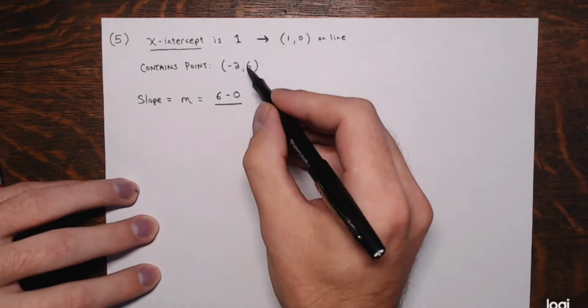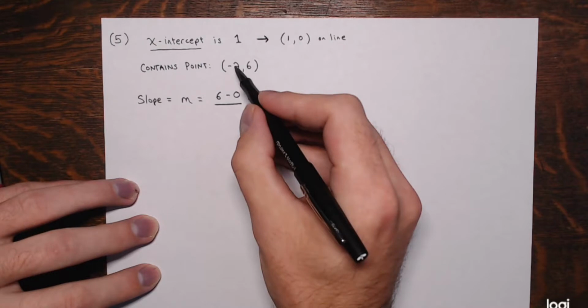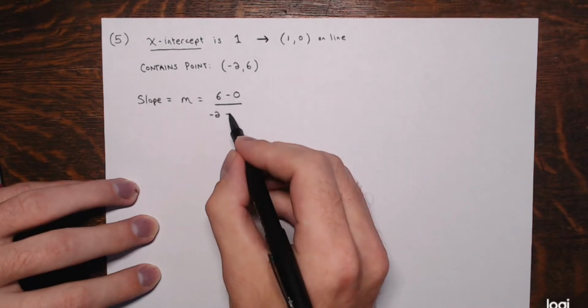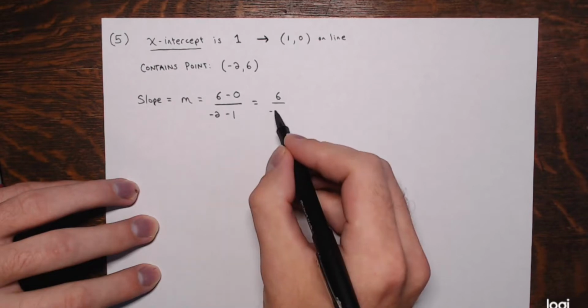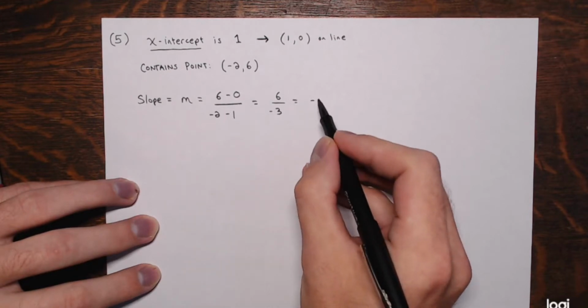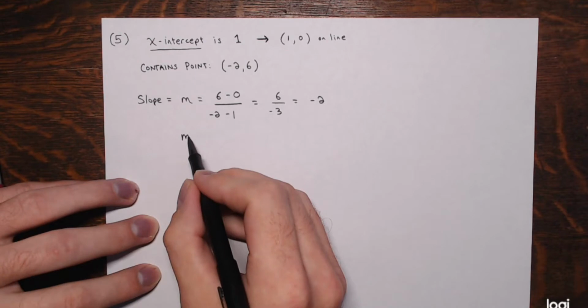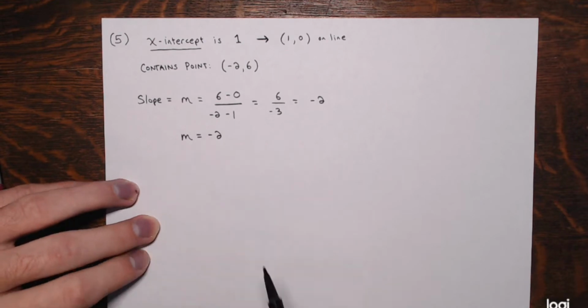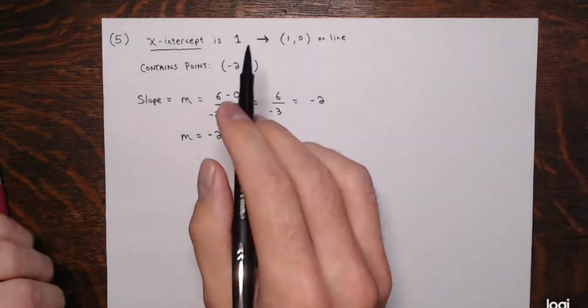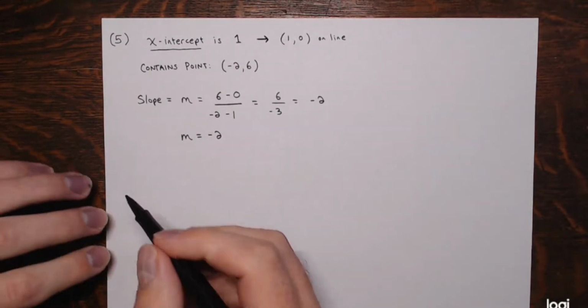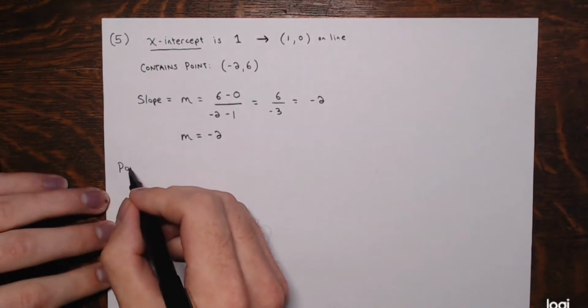For the change in x, I have to do negative 2 minus 1. That's 6 in the numerator, negative 3 in the denominator. So this is negative 2. This line has a slope of negative 2 and passes through these points. So first I'll write the equation in point slope form.